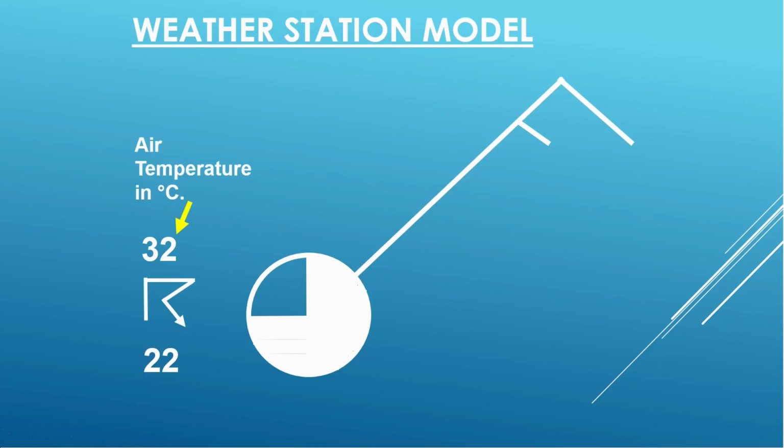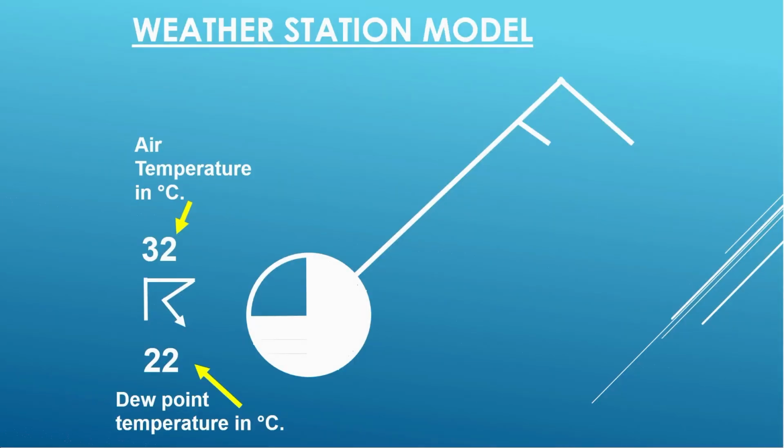When you interpret it, you must say the air temperature is 32 degrees C. If you say 32 C, no mark. If you say 32 degrees, no mark. It must be 32 degrees C. That is the air temperature.